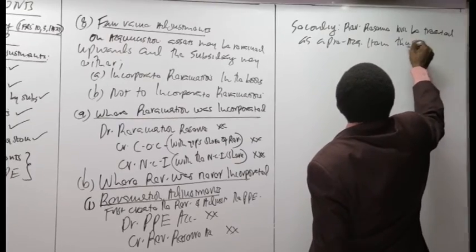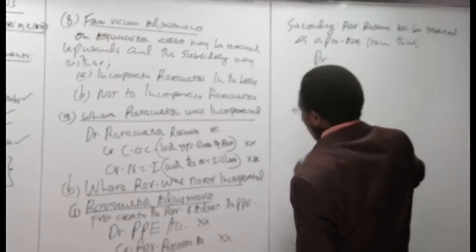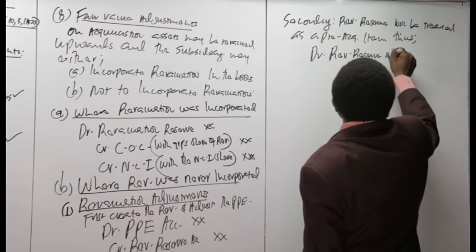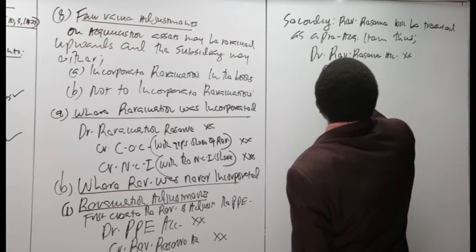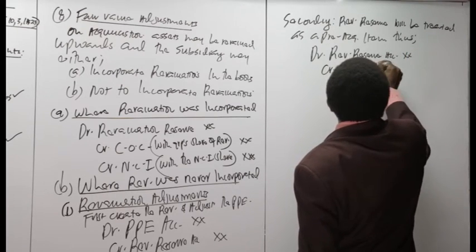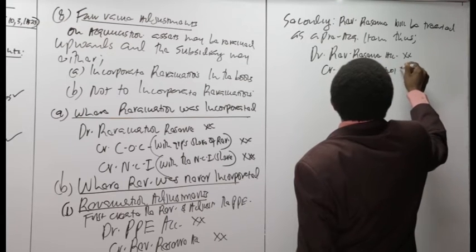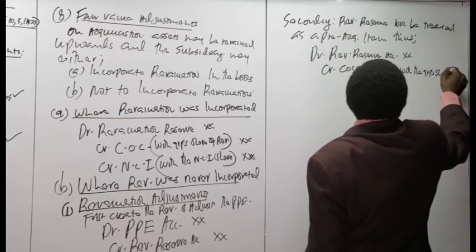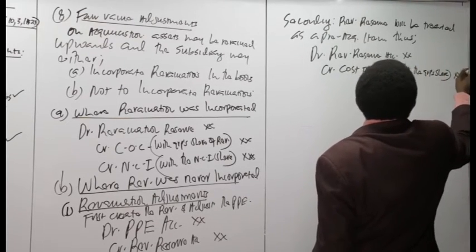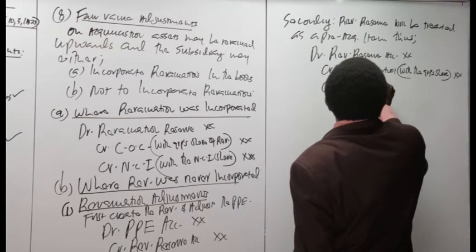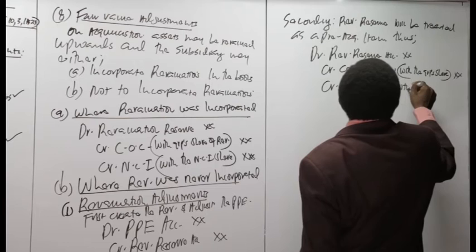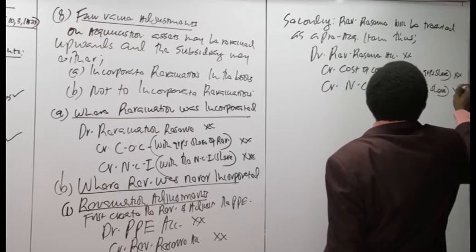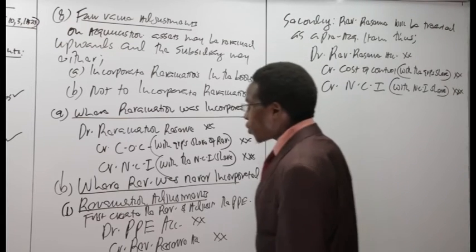Thus, we are going to debit the revaluation reserve, we credit our cost of control with the group share, then you credit non-controlling interest account with the NCI share. That's exactly what you do.